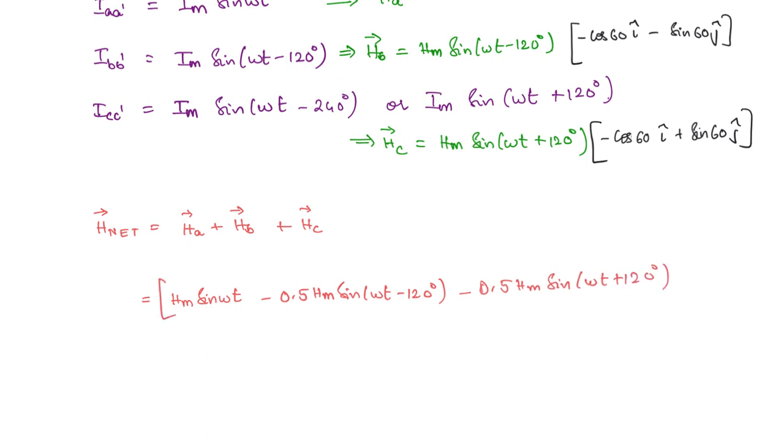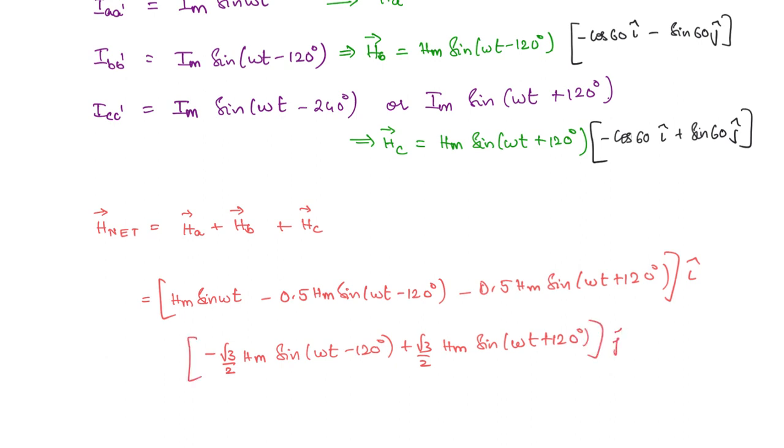Okay. So this will be the I component. Similarly, you will write the vertical components of HA, HB and HC. HA does not have any vertical component. So you're going to have minus sine 60, which is minus root 3 by 2 Hm sine omega t minus 120 degrees, plus sine 60, that means plus root 3 by 2 Hm sine omega t plus 120 degrees. Okay. So this is going to be the J component.